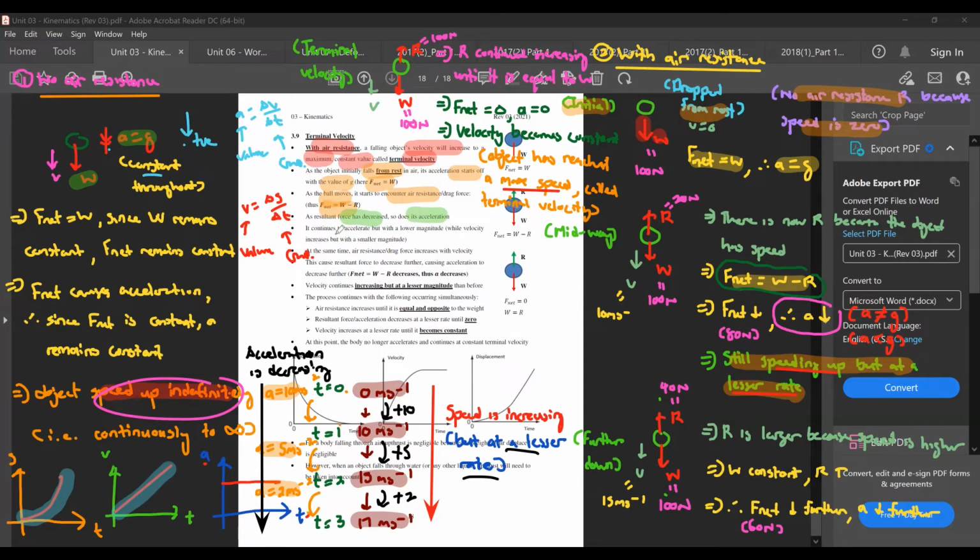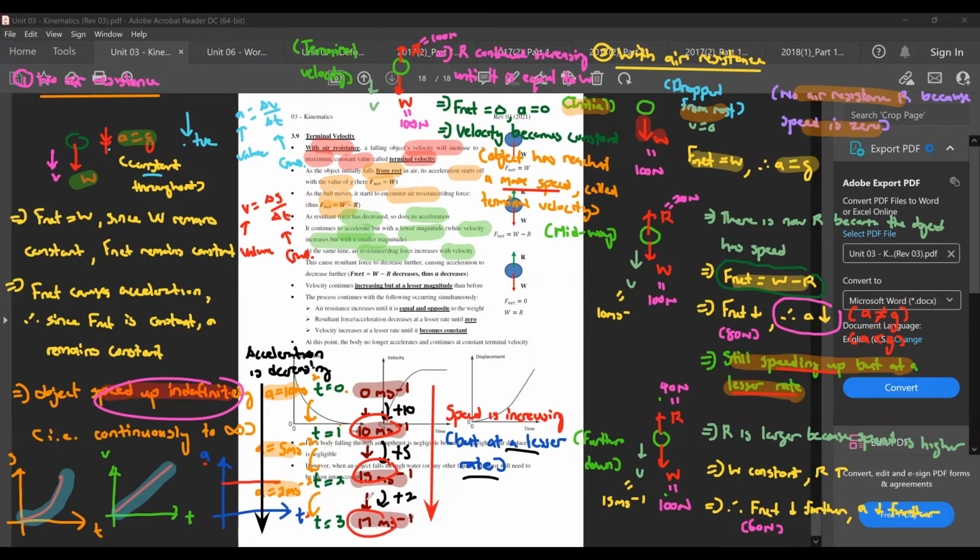But your object will still continue to accelerate, with a lower magnitude, while the velocity increases but at a smaller magnitude. This is what we mean by increasing at a lesser rate. Because your velocity is increasing, your drag force or air resistance will still increase, because you're moving from 10 to 15 and then to 17.